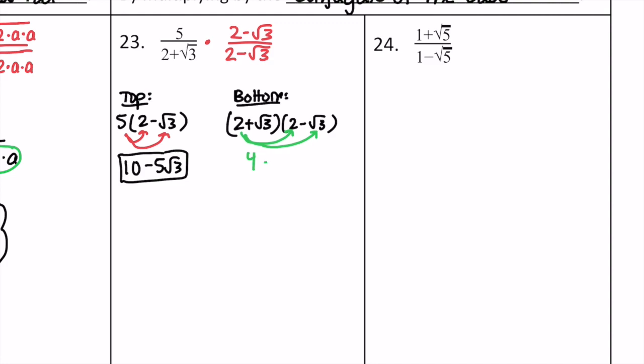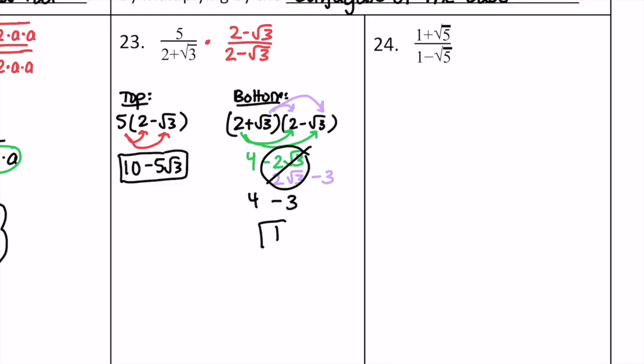I have the square root of 3 times 2, which is positive 2 square roots of 3. And then the square root of 3 times negative square root of 3, which is minus 3. And then I have 4, this cancels out, minus 3, which is 1.